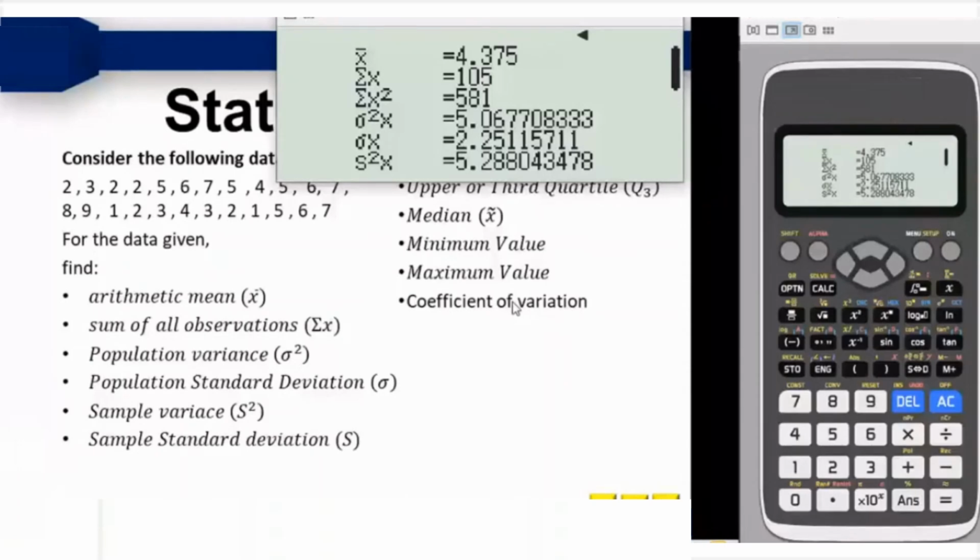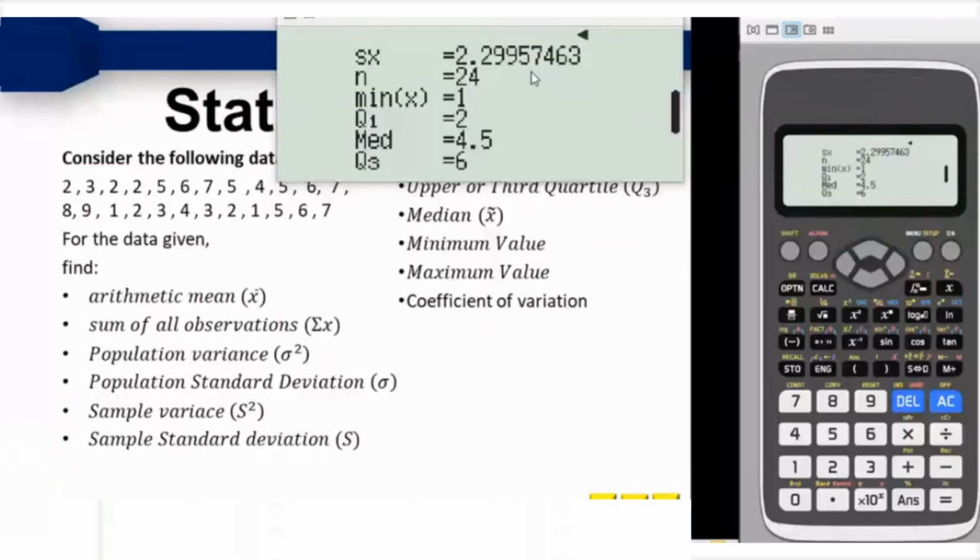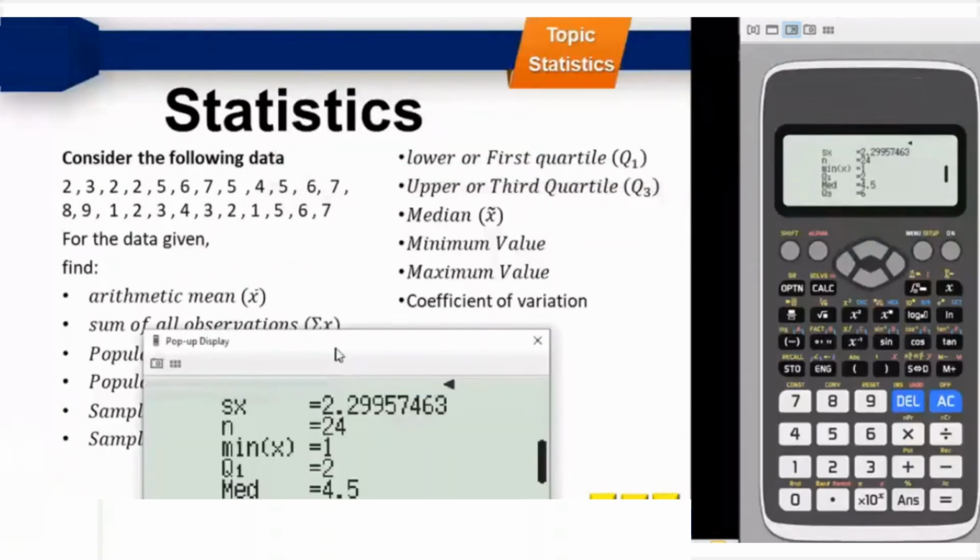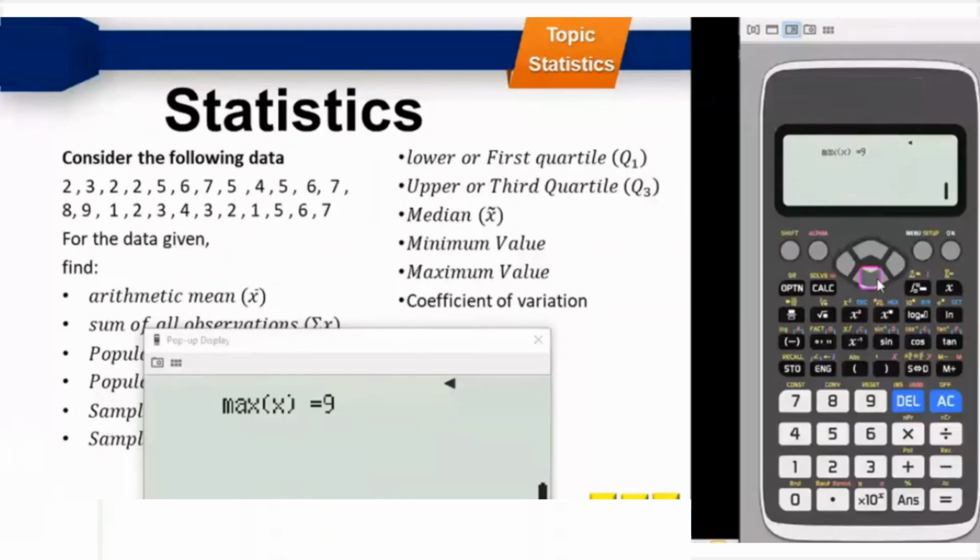Sample variance is 5.28. Sample standard deviation, you scroll down, is 2.299. The number of values is 24. Minimum value of the data is 1. Lower quartile is 2. Median is 4.5. Upper quartile is 6. And maximum value is 9.